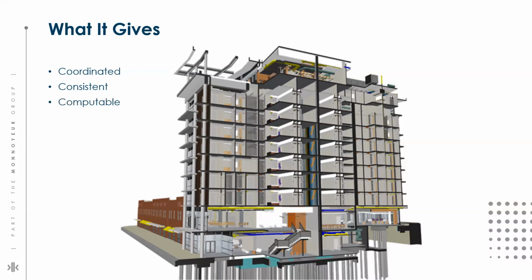And even the things are computable, which is quite a good feature in it. We can have its quantities, and we can have a particular element associated with a particular ID. It gives us clarity, continuity, and agility at the same time. So this is why we should move on from a 2D aspect of a drawing to a 3D part of it.